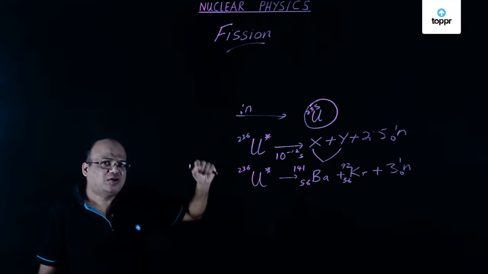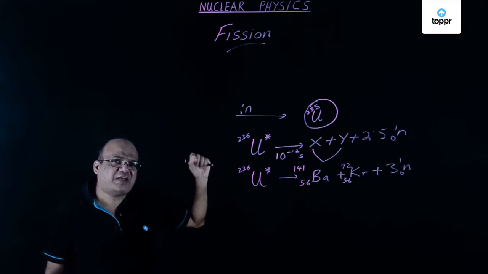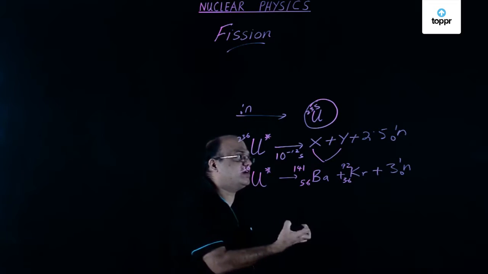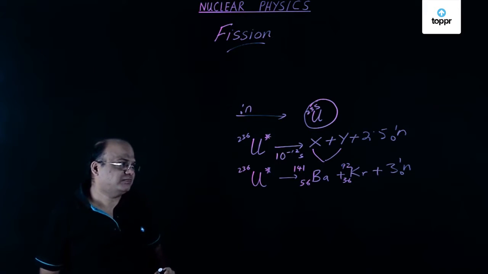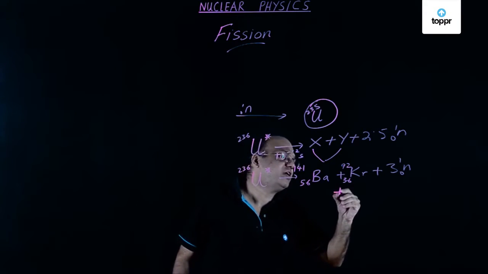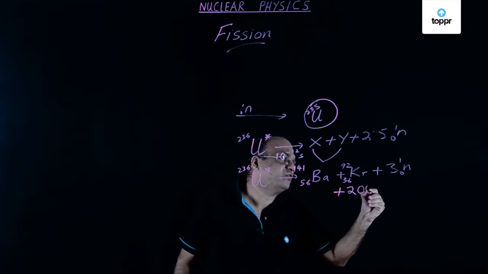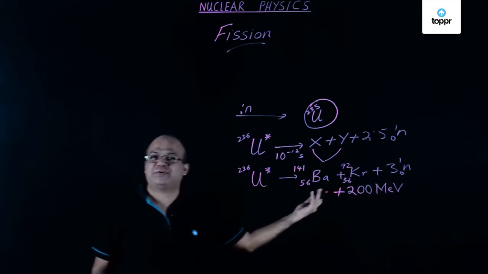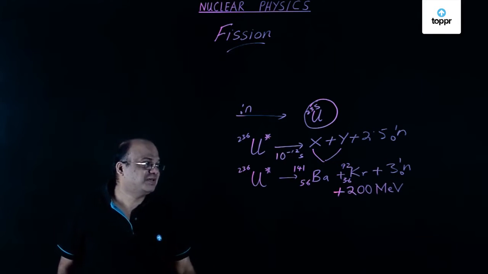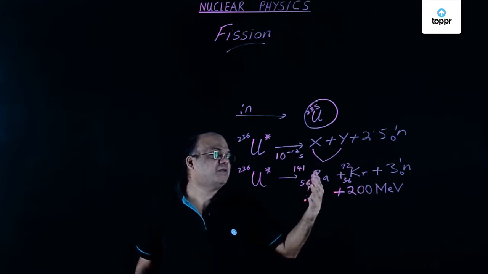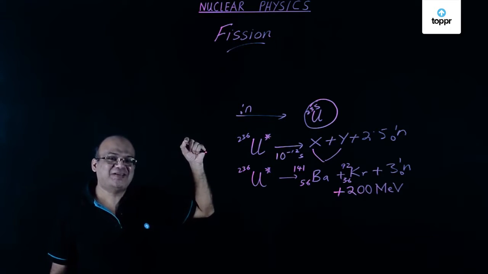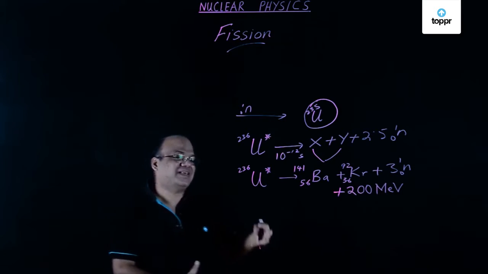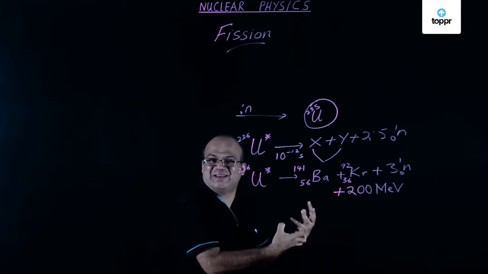And we get an average of 2.5 neutrons in this nuclear fission reaction. And we get an energy which is 200 million electron volts, 200 mega electron volt, huge amount of energy per reaction. That is coming because the combined mass of daughter nuclei is less than the mass of parent nucleus, and that mass is converted to energy.